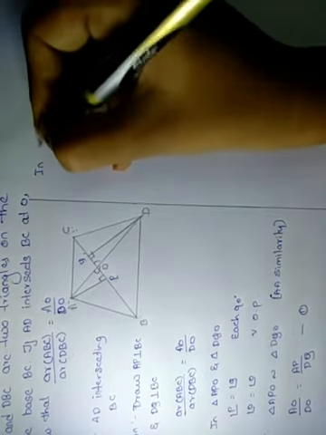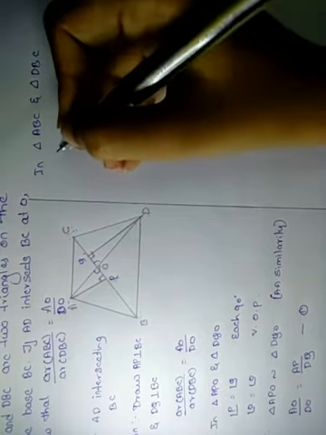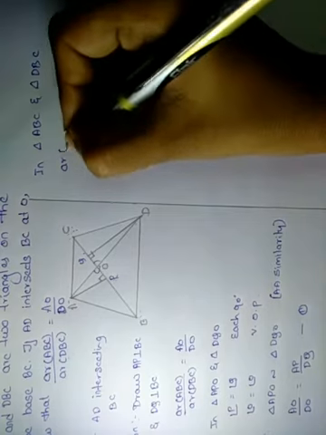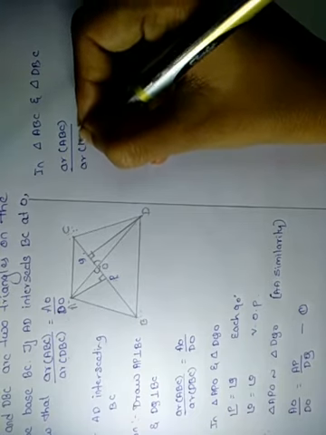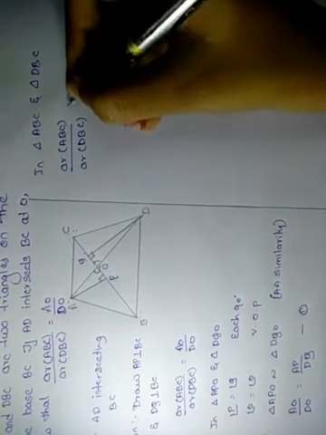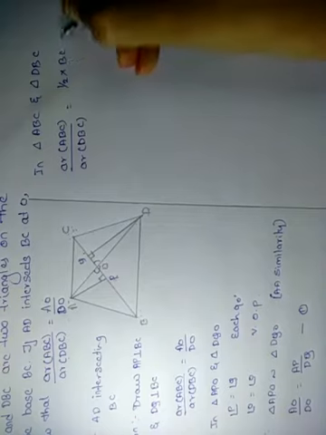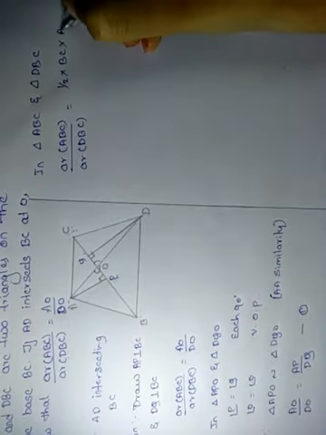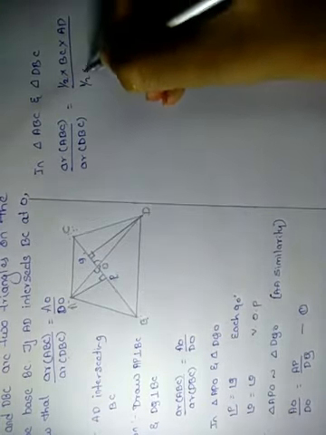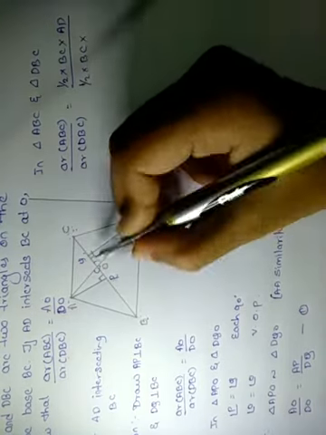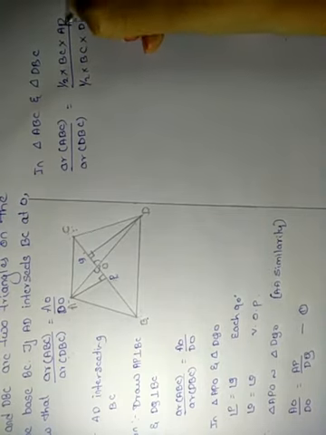In triangle ABC and triangle DBC, area of triangle ABC divided by area of triangle DBC is equal to half into base BC into height AP, divided by half into base BC into height DQ.